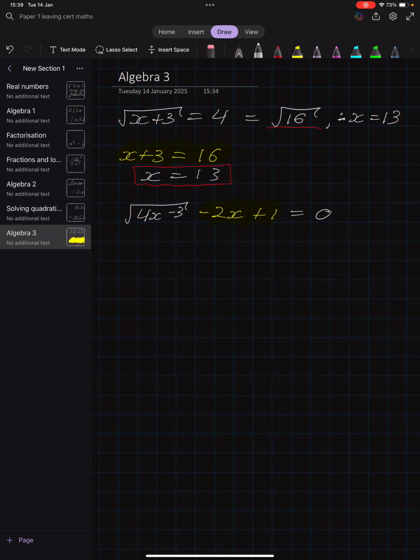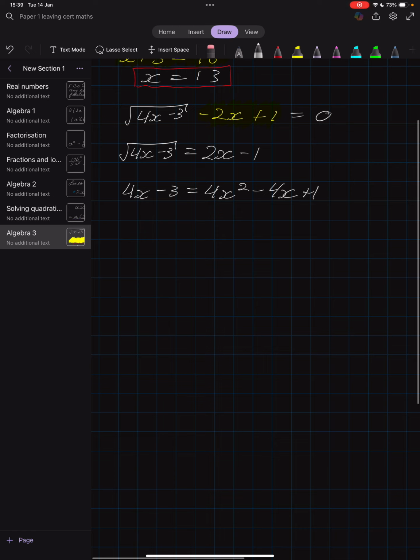So what I'm going to do is bring the yellow stuff over to the right hand side. So it's going to leave me with 4x minus 3 is equal to, if I bring the yellow stuff across, 2x minus 1. Okay? So now I can just square both sides and get 4x minus 3 equals 2x minus 1 squared, which is 4x squared minus 4x plus 1. So now I'm just going to start solving these a little bit faster than what I used to. I've done the introduction on how to solve these and how to square things.